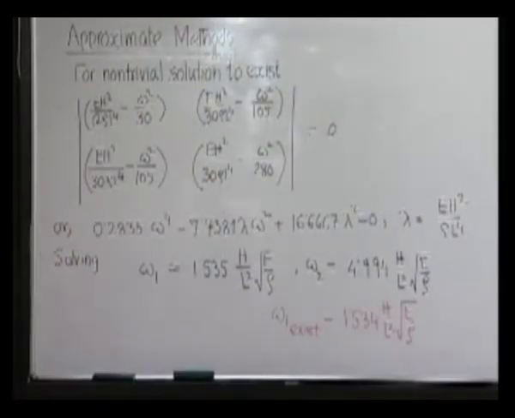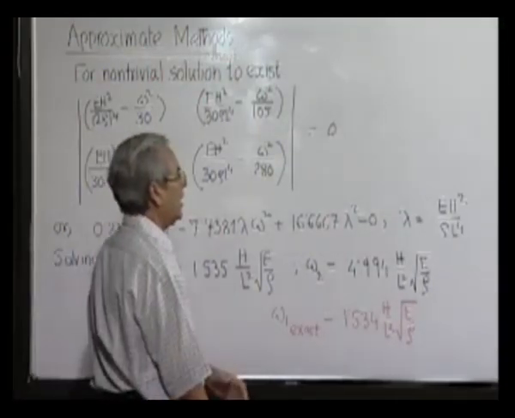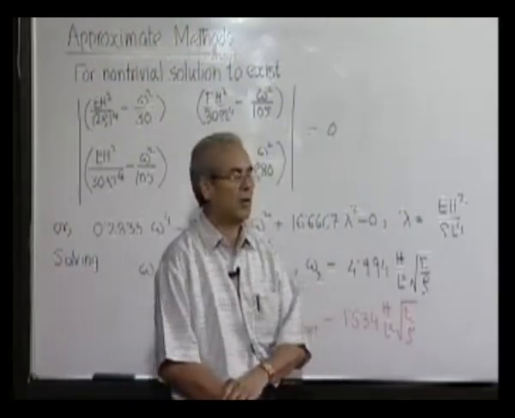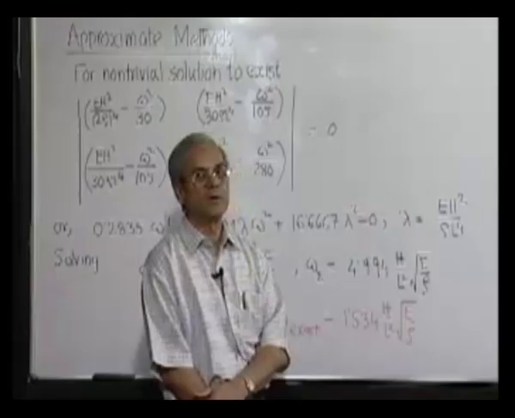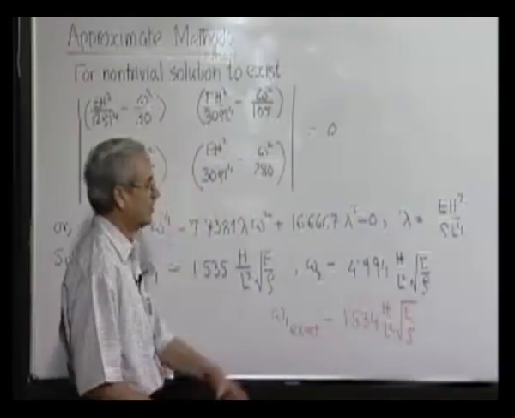So this brings us to the end of our discussion on approximate methods for solving continuous systems, which are otherwise difficult, or not so easy, to solve using the analytical exact method as we have discussed.